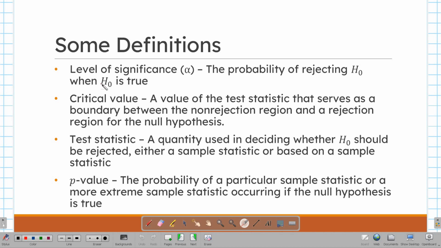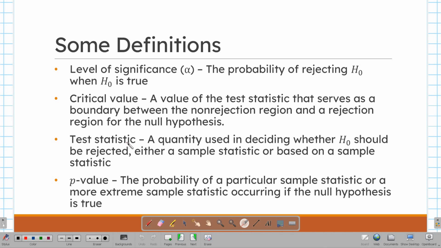Now, the critical value, the next term, is the value of the test statistic that serves as the boundary between the non-rejection region and the rejection region for the null hypothesis, which we can show later when we do our hypothesis test. It is the critical value that we use as the basis to reject or fail to reject. The test statistic is the quantity used in deciding, because that's what we compute.